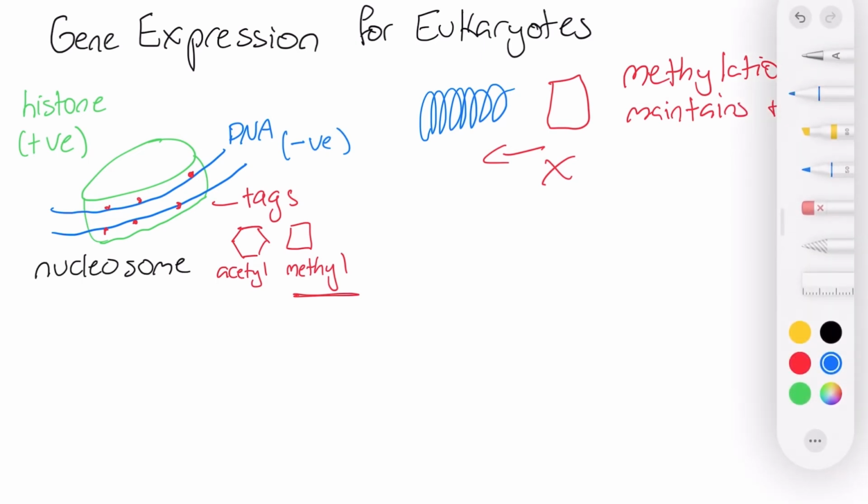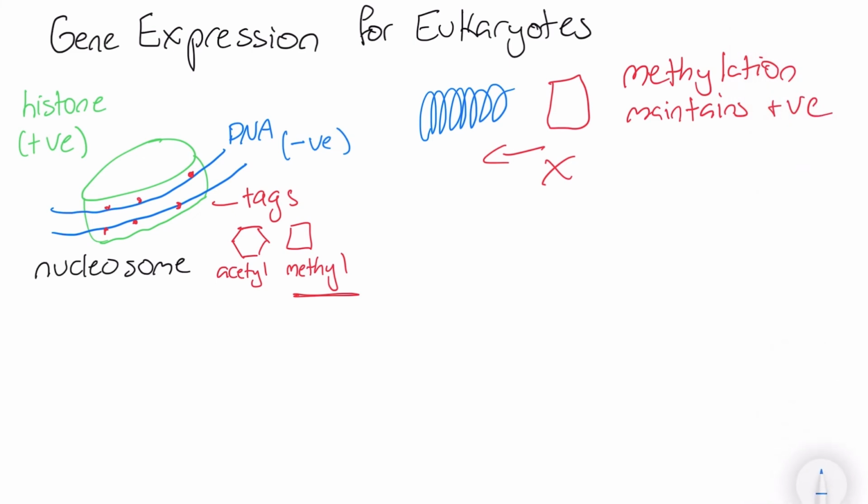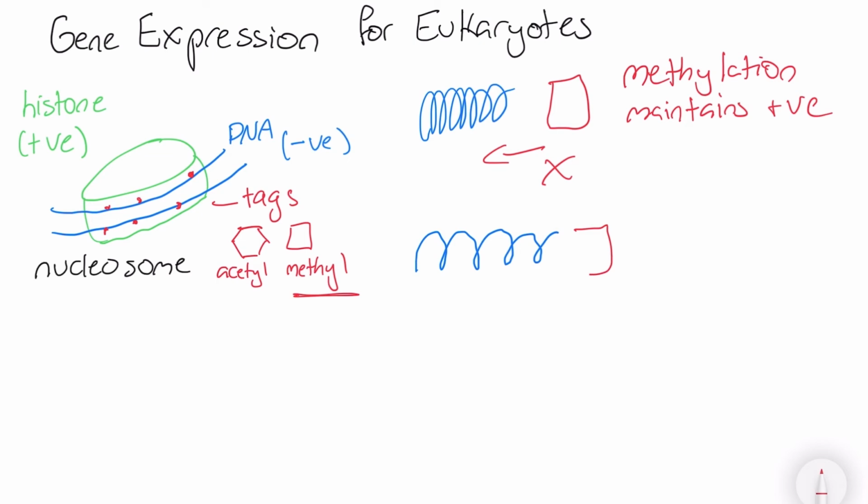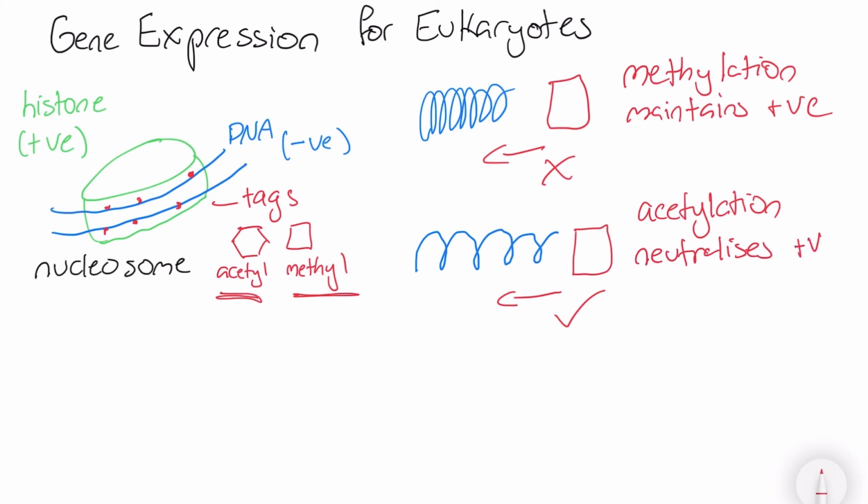To express the gene, the histone uncoils the DNA, making it a lot more loosely packed. This allows the RNA polymerase to enter the DNA for transcription, and this is done by adding an acetyl group, or through acetylation, because this neutralizes the positive charge of the histone.